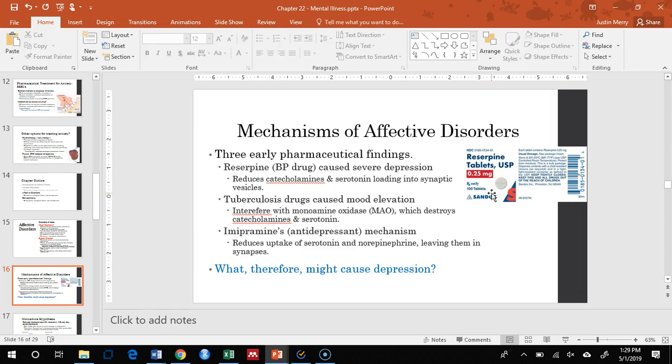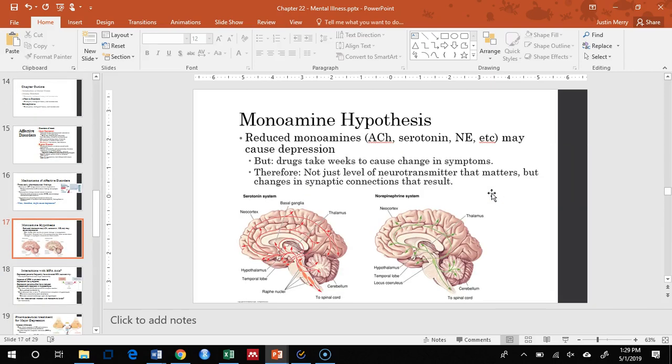Generally speaking, you got elevation in mood when there were more of them around, and you had depression when there were fewer of them around. That leads to the monoamine hypothesis, that it's something about your monoamines collectively, catecholamines, serotonin, norepinephrine, that's causing the depression.